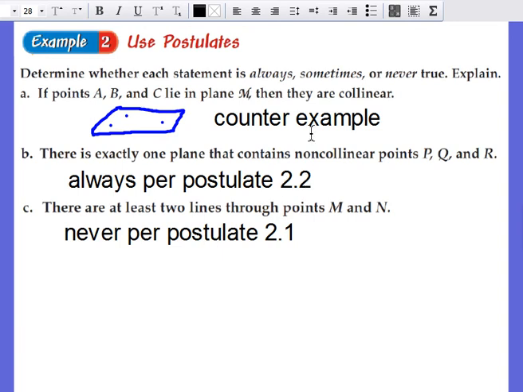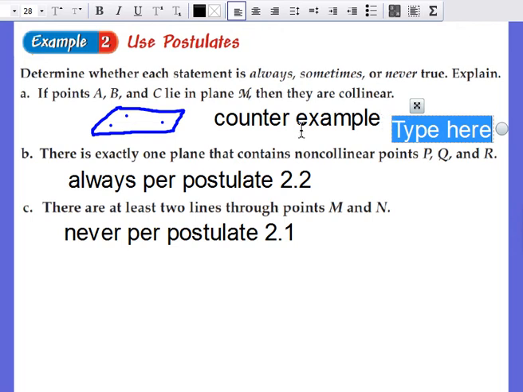This one here, is there a postulate for that? Well, you can put here maybe 2.4 if you wanted to: a plane contains at least 3 points not on the same line. Or you can use 3 points not on the same line is exactly one plane.